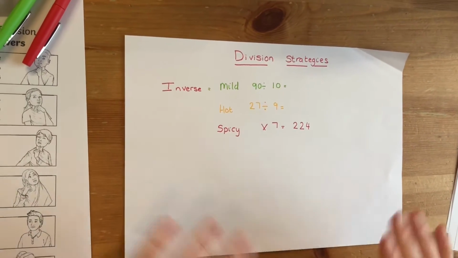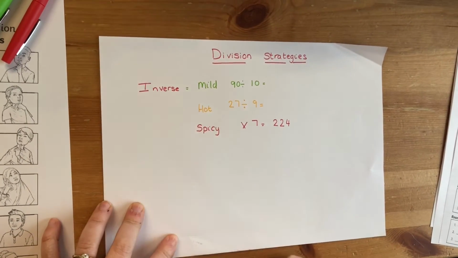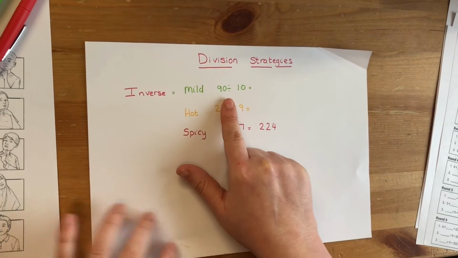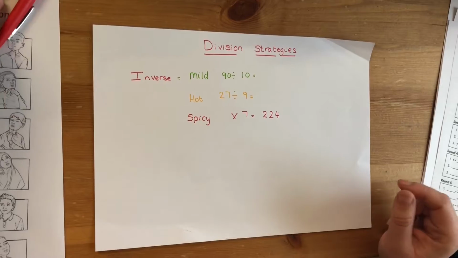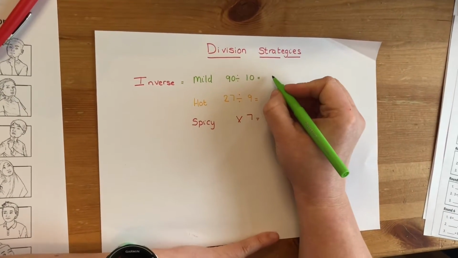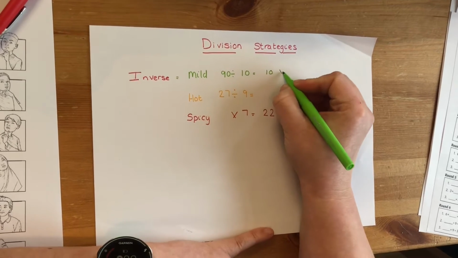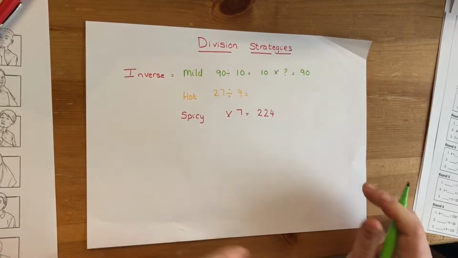So, for example, if we look at some of the mild, hot or spicy questions. For the mild question, your first question is 90 divided by 10. Now, you need to remember that 90 divided by 10 is the same as 10 multiplied by something equals 90. Okay?